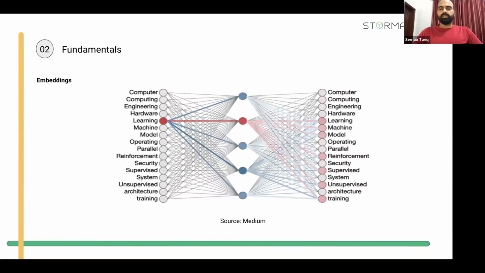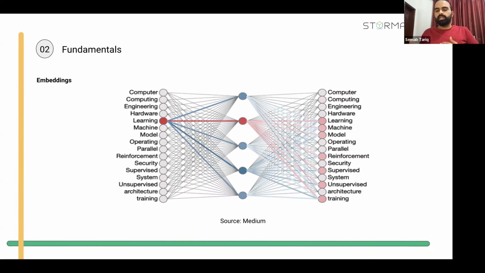This is just a simple illustration of how an embedding model tries to understand data. On the left-hand side, we have our training data, and on the right-hand side, we have our test data. We provide our training data to our machine learning model, and this model eventually tries to understand the words and the meaning behind the words.